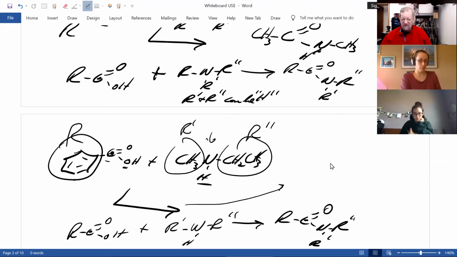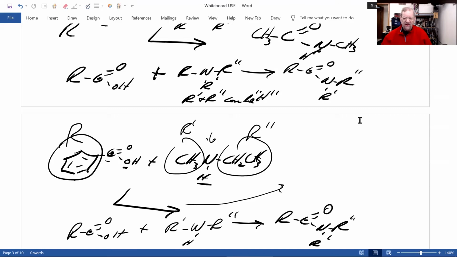Let me go up here. And I have my carbonyl. What's attached to it? R, benzene ring. Don't forget the double bonds in there. Then I have my nitrogen. One R group, R prime, is methyl, and the other is ethyl.